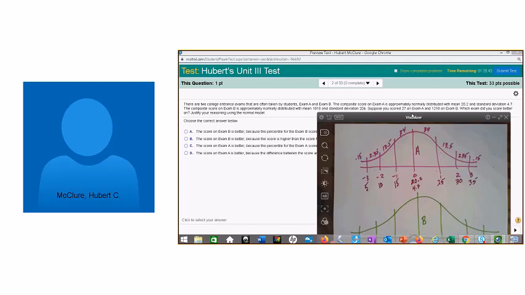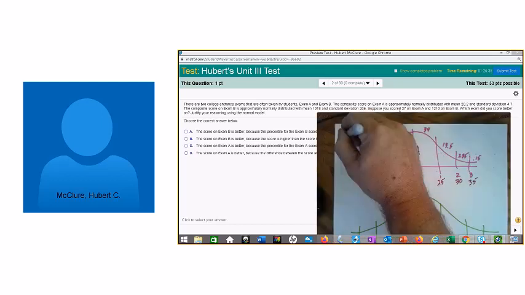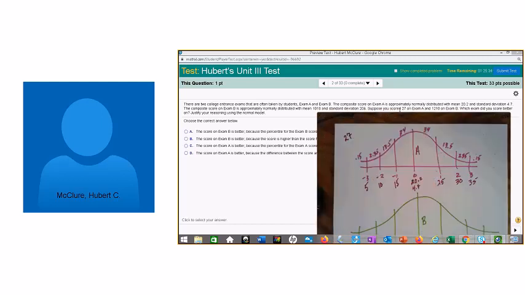Well, let's write down, suppose you scored 27 on the first one, and you scored a 1210 on exam B. Okay, now I can get rid of that.